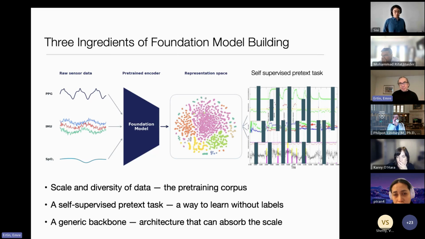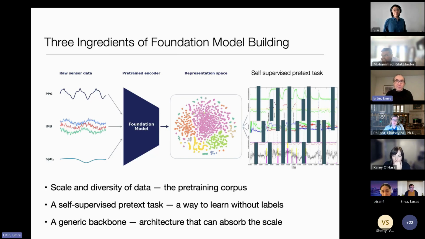And then we have this pre-trained neural network that we are training to map those streams of data to a representation space that we will use later. But during training, we don't know what people are going to use this model for. So the key idea is we're going to train this model with a self-supervised pretext task. So it has to be a way to learn without labels.